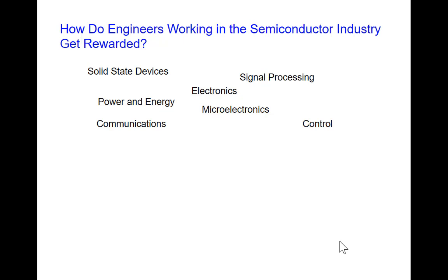Any ideas how the average salaries of engineers working in these different areas would compare? Think there's much difference? Well, according to the IEEE salary survey, the top of the list is those people that work in the electronics and solid state devices area.